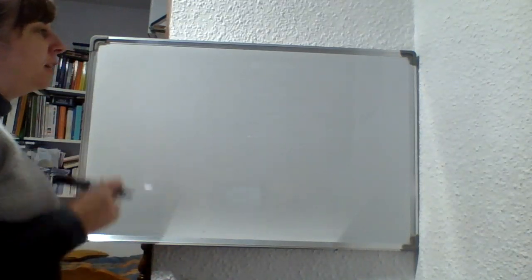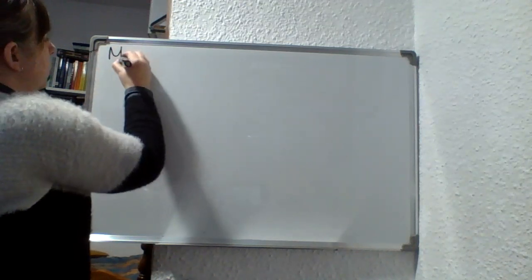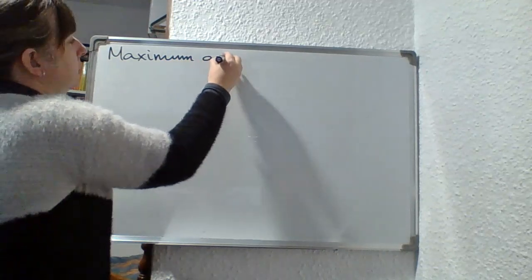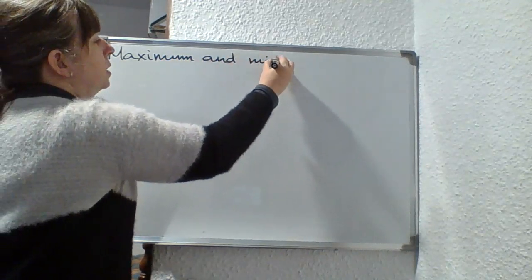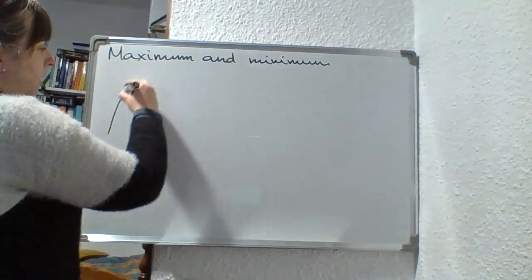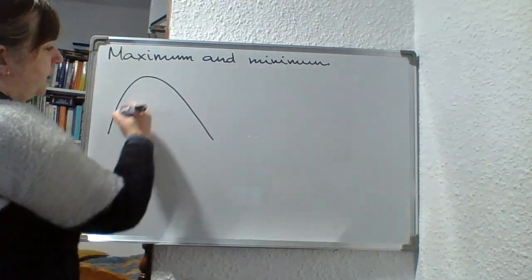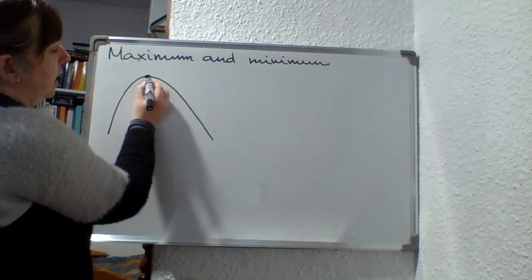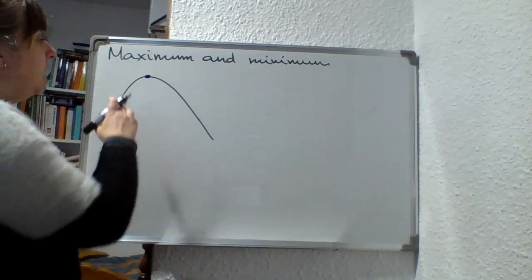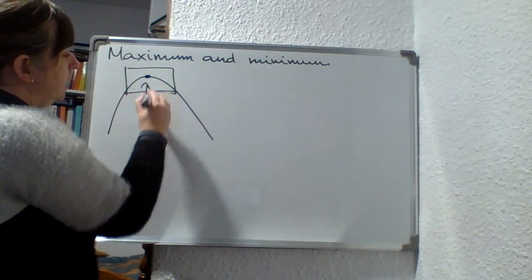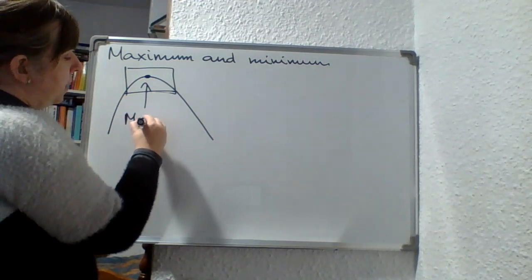Related with the concept of increasing and decreasing, it is the concept of maximum and minimum. When a function is increasing and after that decreases, there is a point that has a value of the function higher than the points around it, and it is called a maximum.